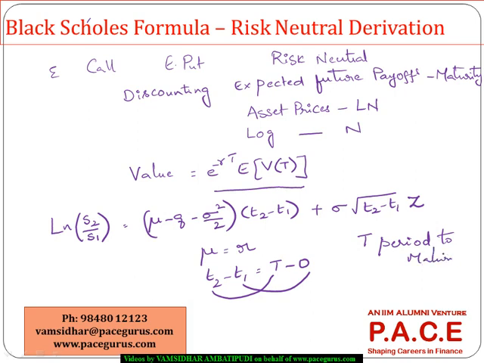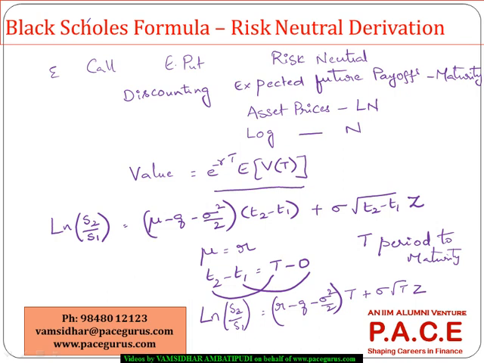So the same formula, log S2 by S1, will become (r minus q minus sigma squared by 2) times T plus sigma root T times Z. That is the equation I am going to use.